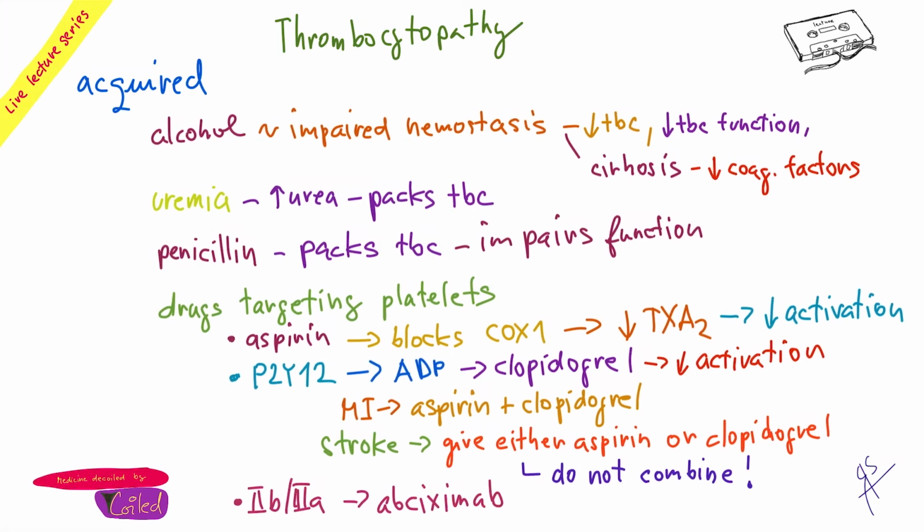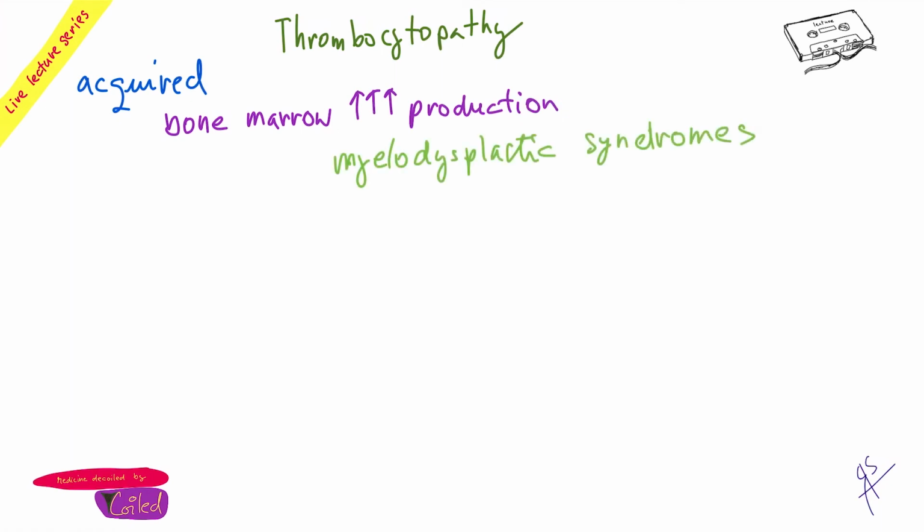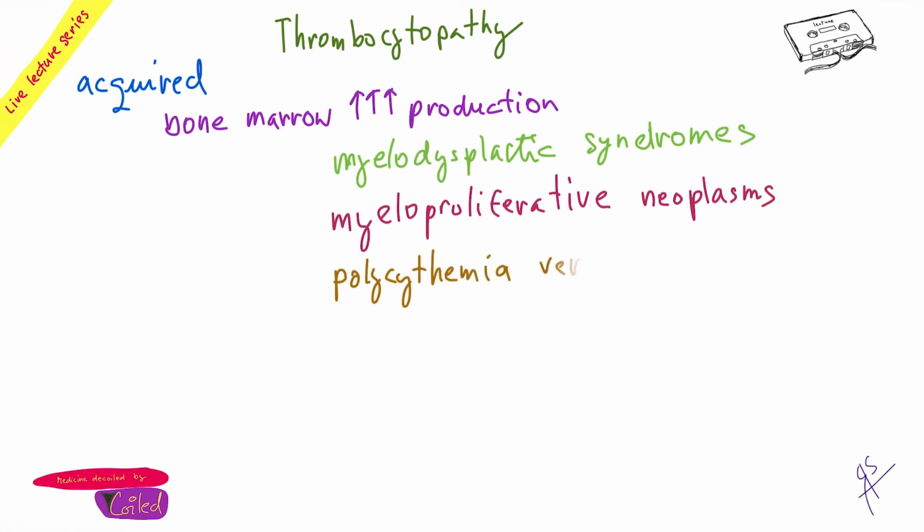So this was a really aimed thrombocytopathy, but still remember a general common sense thing. Every time your bone marrow is producing something in terms of myelodysplastic syndromes or myeloproliferative neoplasms, every time your bone marrow is producing something in too big amounts, it also produces defective cells. Typically, this is what you see in, for example, polycythemia vera.